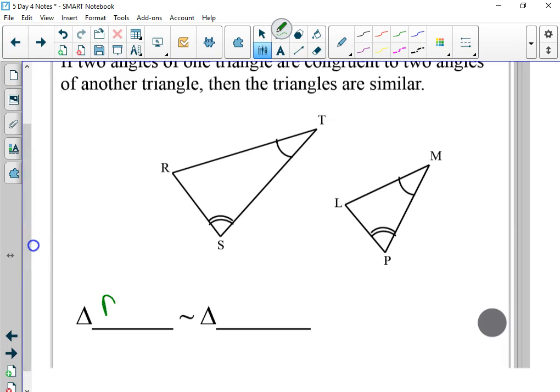We're going to start with R, and then go to 1 hash mark, and then go to the second hash mark. We could have gone RST, but let's mix it up. So where are we going to start? Which one has no hash mark over here? L. And then we're going to 1, that's M, and then P. So those 2 are similar.